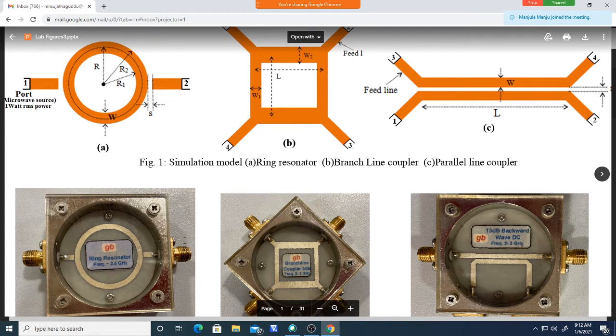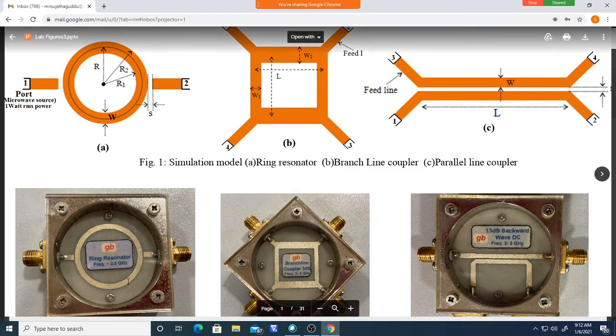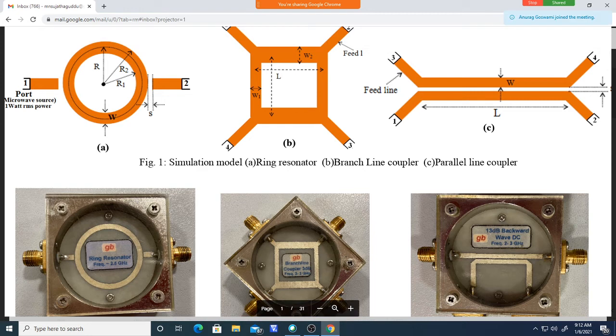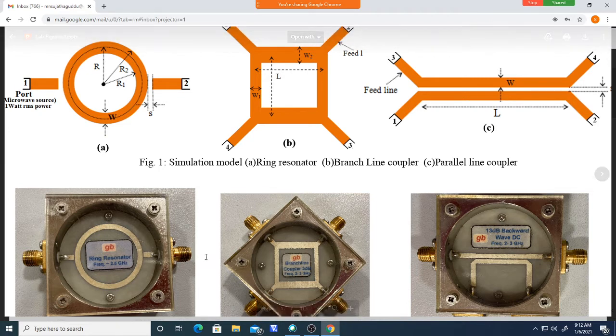So how to connect a source? We have a source. I will show you the source. But the source must be connected to the structure. This is our structure. How to connect that source to the structure? That is using an SMA connector, like this. And also, here we are connecting the source, and here we should measure how much power is coming out of this.